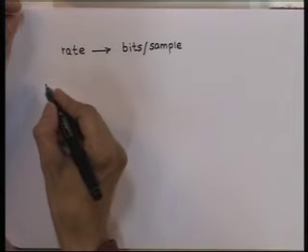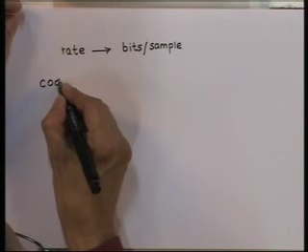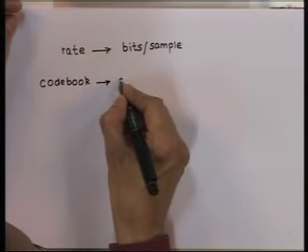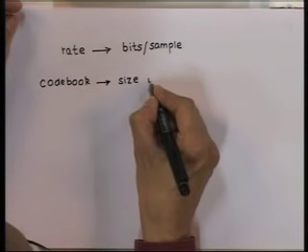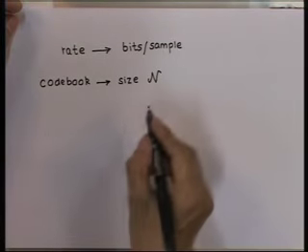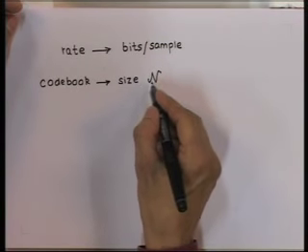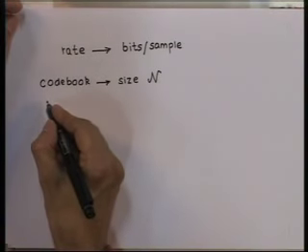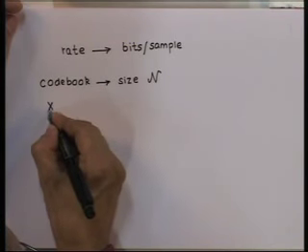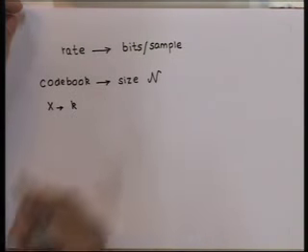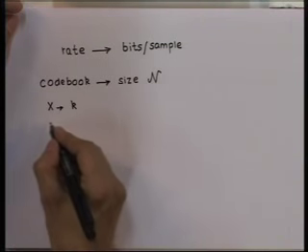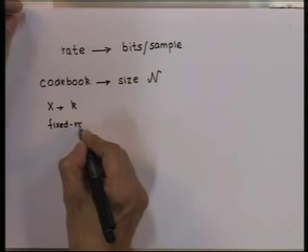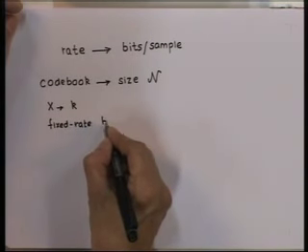Let us assume that we have a code book of size n, which implies that there are n code vectors or code words. Let the input vector be of dimension k. Let us also assume fixed rate binary coding.